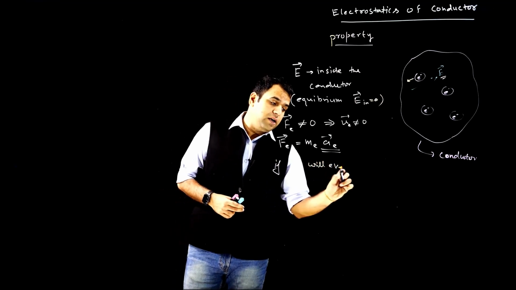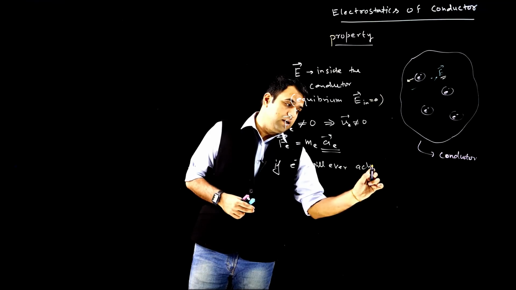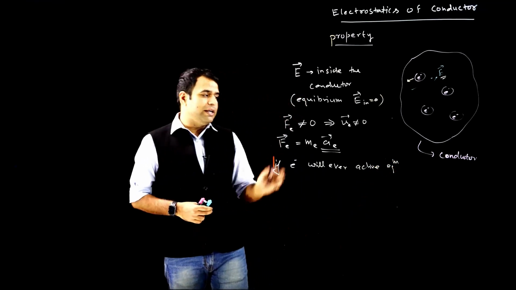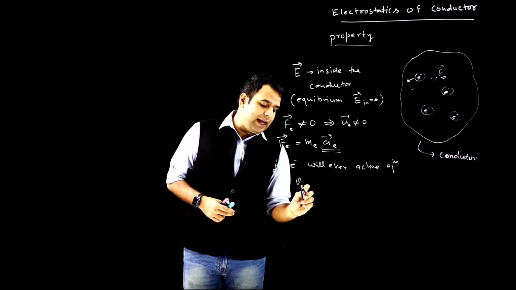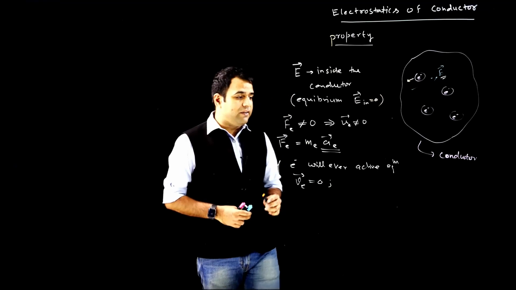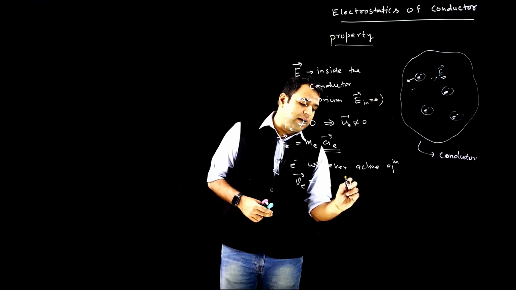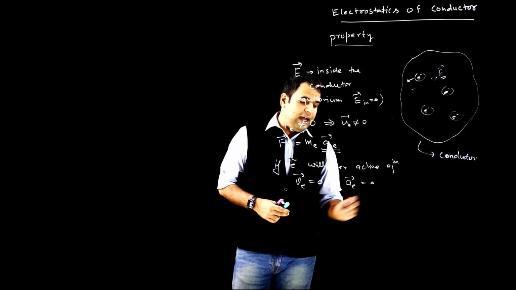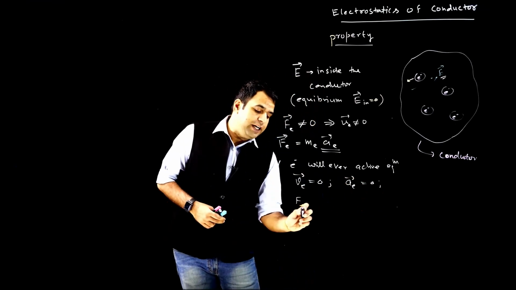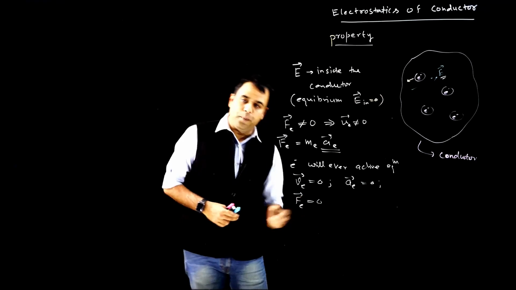If these electrons ever achieve equilibrium, it will be in only one case, because equilibrium means each and every electron has velocity 0. And if each electron has velocity 0, the acceleration for each electron should be 0. And if the acceleration is 0, the force on each electron should be 0.